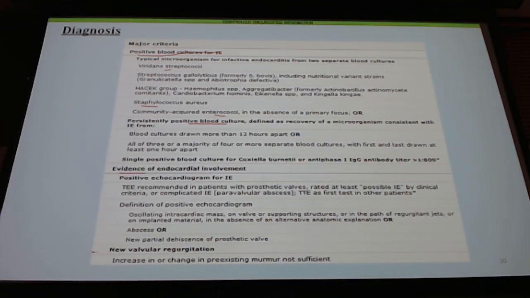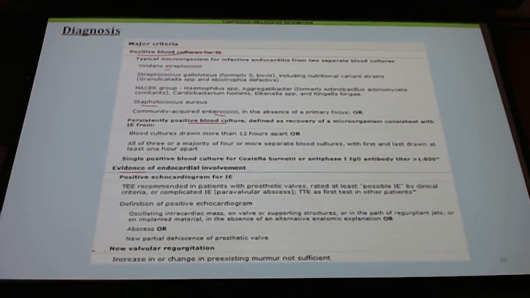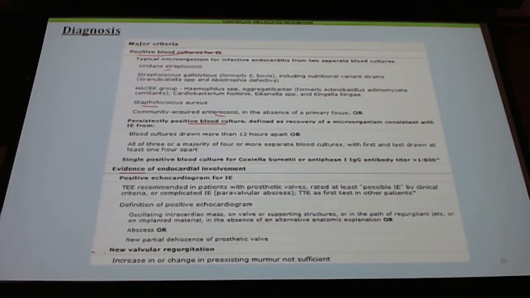And then another one is a new valvular regurgitation. So this is somebody who normally, when you listen to their heart, doesn't have any murmurs, and then they come in and now they have a new regurgitant murmur, then be suspicious for infective endocarditis, because maybe that vegetation that is growing on that valve is interfering with the closure of that valve.